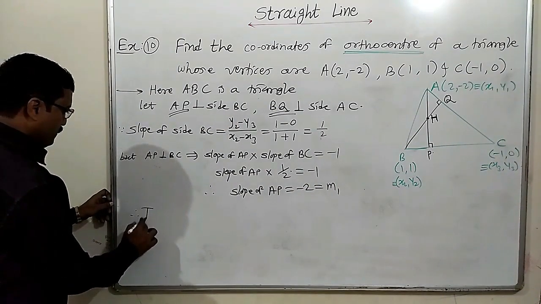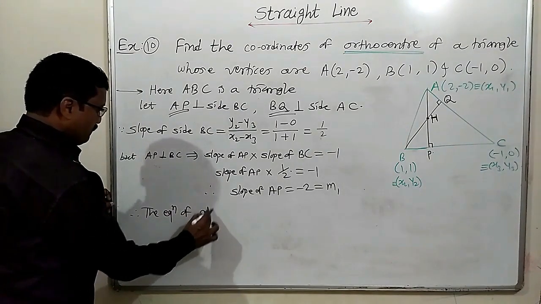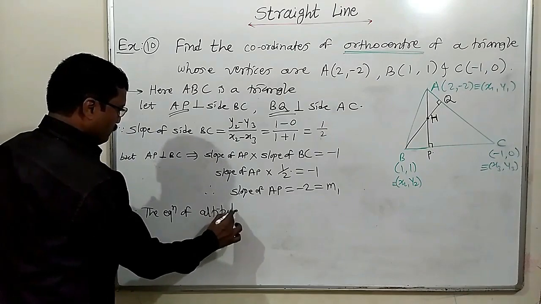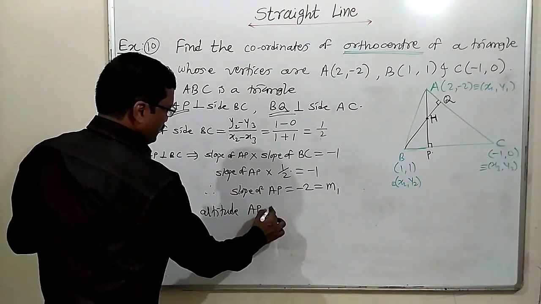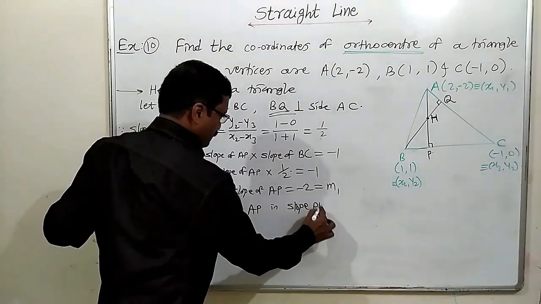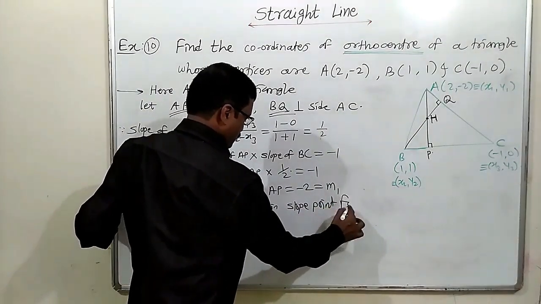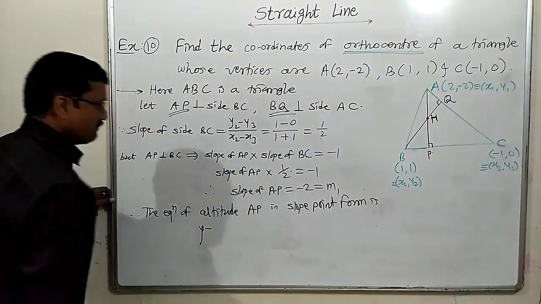Therefore the equation of altitude AP in slope point form is y minus y1.